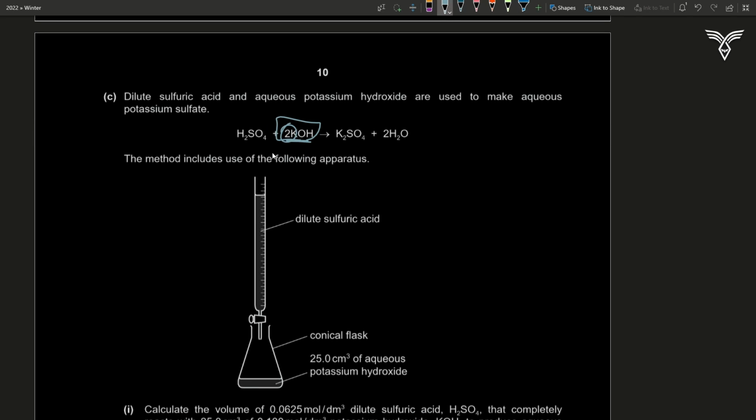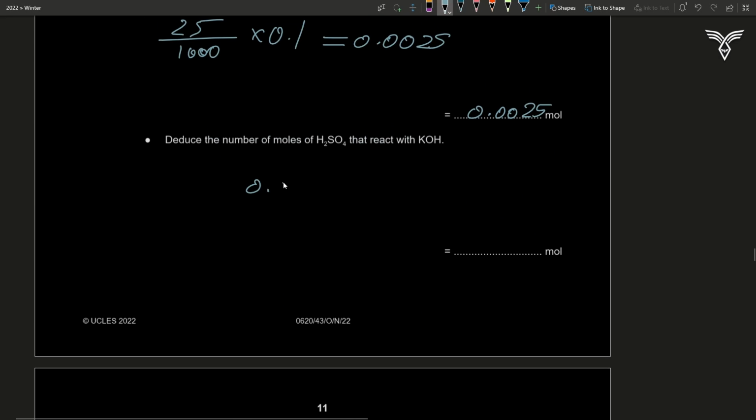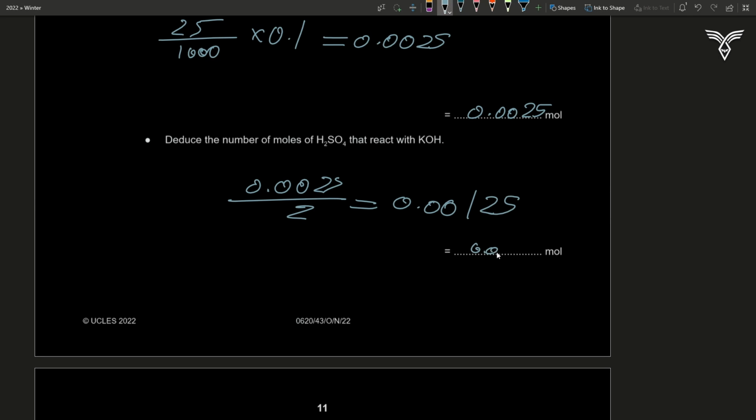We have the two moles here. والمولز of this are half، يعني multiply by 0.5، are half of what the 2KOH is. طيب لو انا ال 2 دي بقت 0.0025 اعمل لها half عشان ترجع هنا تبقى كام؟ تبقى 0.0025 over 2 which is equal to 0.00125. So the answer is 0.00125.